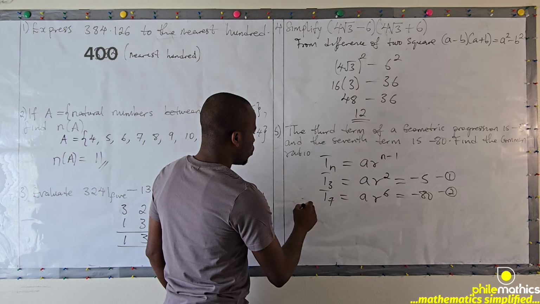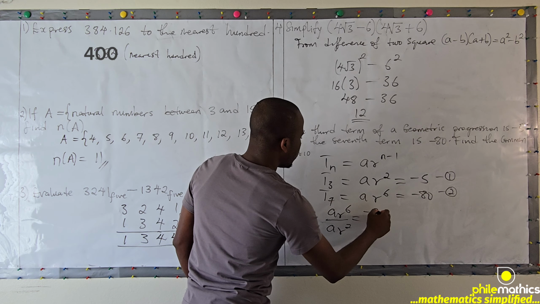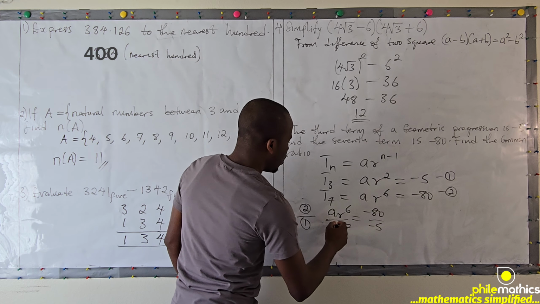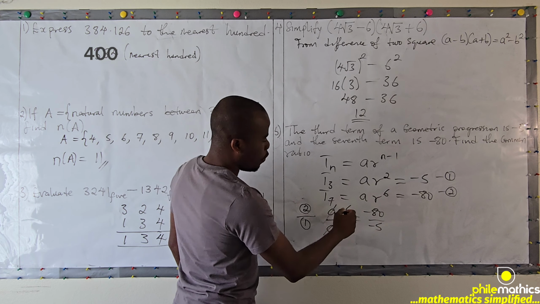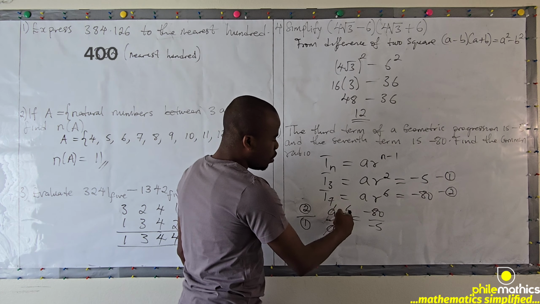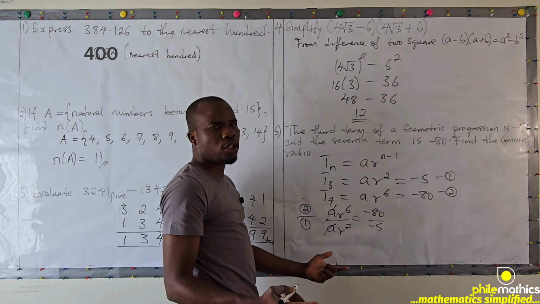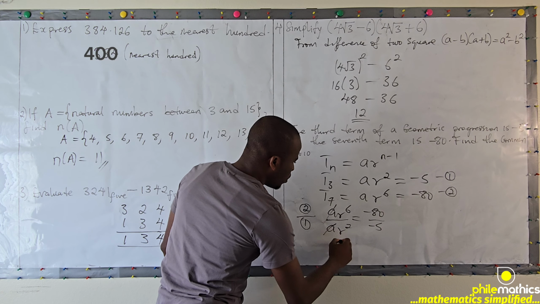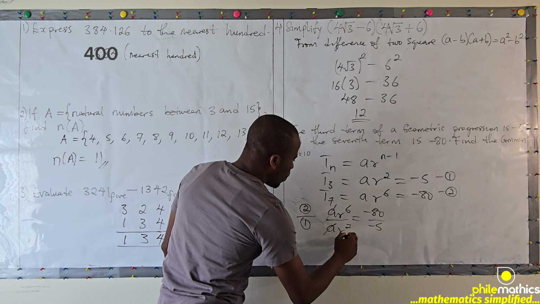So equation 2 divided by equation 1 will give us ar^6 over ar^2 equals minus 80 over minus 5. A can cancel A. From laws of indices, when you divide two numbers with the same base, you simply subtract their powers. So this will be r to power 6 minus 2.